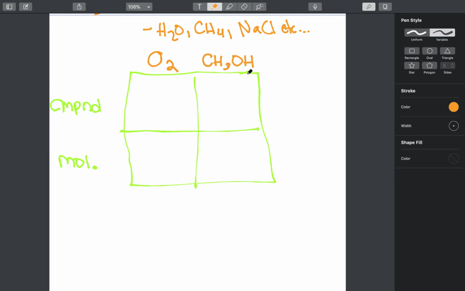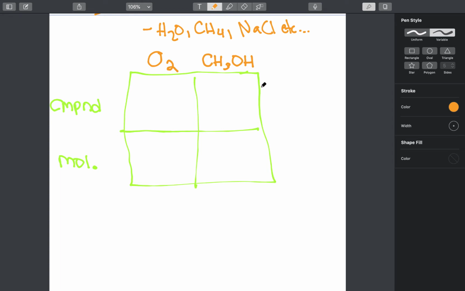So this is methanol and oxygen. What I want you to do is pause the video and put a check mark in the places that agree with the definition. So for example, if O2 is a compound, put a check mark in that box. If O2 is a molecule, put a check mark in that box. However, if O2 is not a compound or a molecule, put an X in that box, and do the same for both of these species.